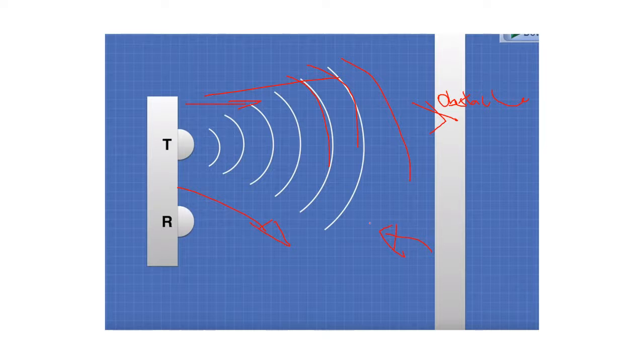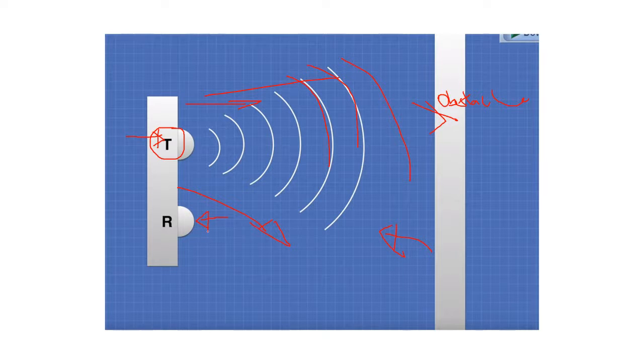Remember, they were all moving towards this side, and then all of a sudden they are supposed to be going back. As they go back, the amount of time they take to reach back matters, because the T is the one that transmits, the one that lets out those waves, and then the R receives the echo of that wave.